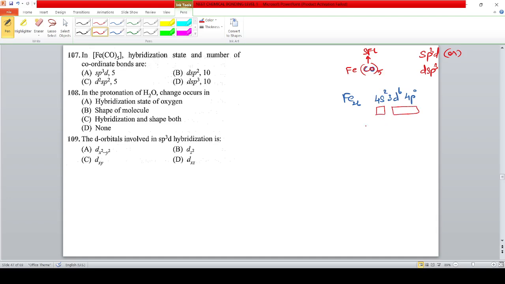When drawing the molecular orbital theory diagram for coordination compounds, we used to draw like this. I made a mistake, yes, I have the eraser now. In my last video, I was not able to erase things. Okay, so it is 3d6 4s2 4p0.